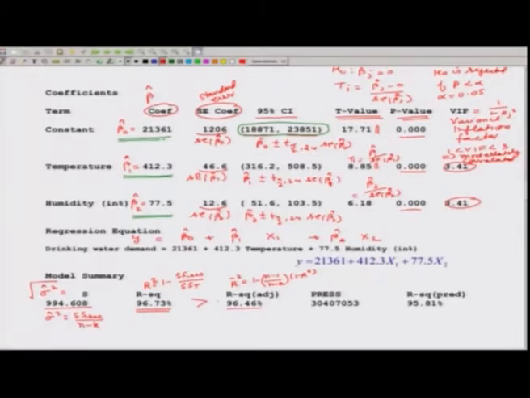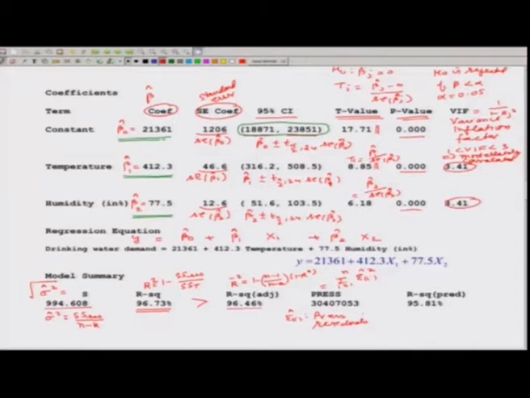The next one is PRESS. PRESS was the statistic given by the sum over i from 1 to n of epsilon i hat, whole square. You may recall that these epsilon i hats were PRESS residuals, that means the difference between yi and yi hat, which is obtained after deleting the ith observation.